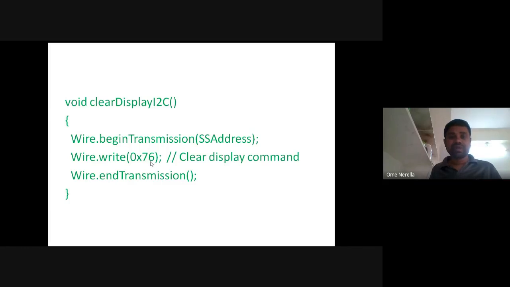If my 7 segment display receives 0x76, it understands that it should clear the display. After that, end transmission. Before we send a command or data, it must be within begin transmission and end transmission.